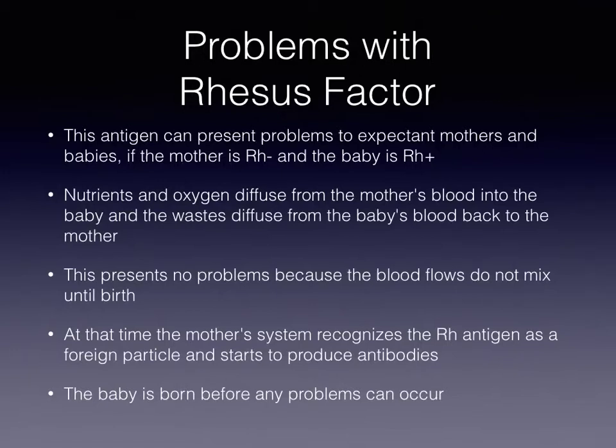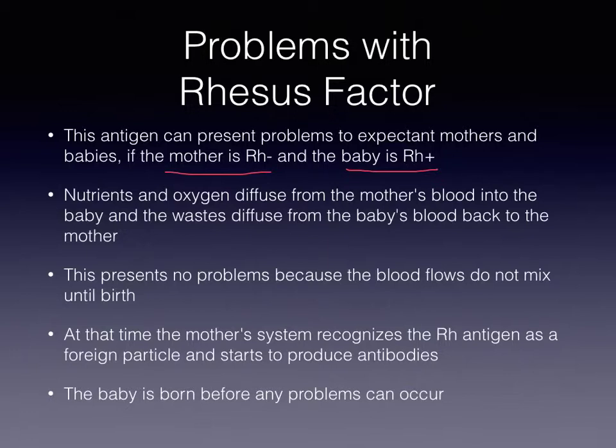And there are some problems that can arise with the Rh factor, and most of these occur with expecting mothers. This antigen can present problems to expectant mothers and babies if the mother is Rh negative and the baby is Rh positive.